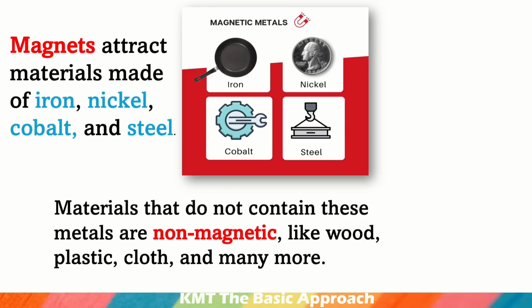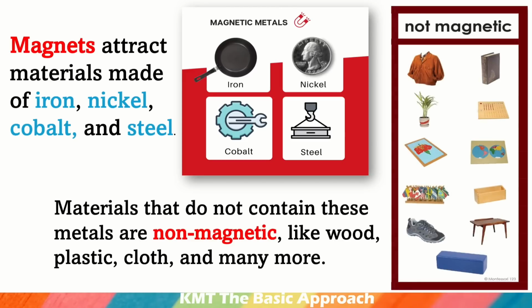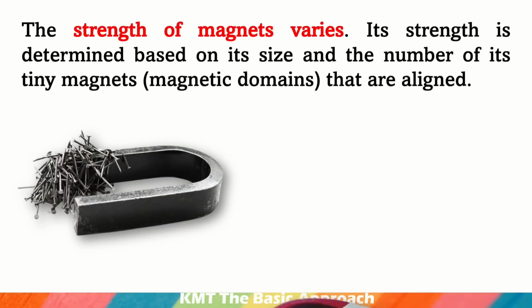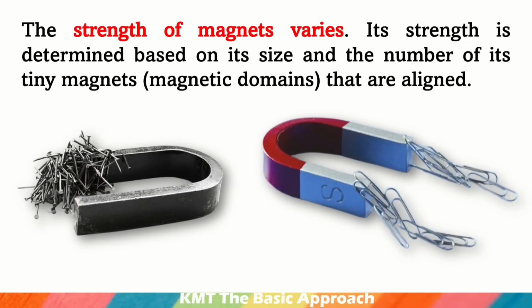Materials that do not contain these metals are non-magnetic, like wood, plastic, cloth, and many more. The strength of magnets varies. Its strength is determined based on its size and the number of its tiny magnets or magnetic domains that are aligned.